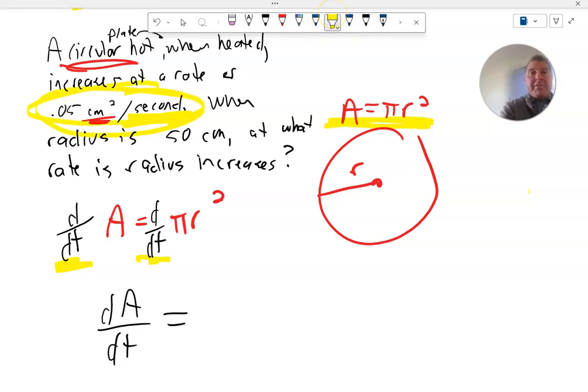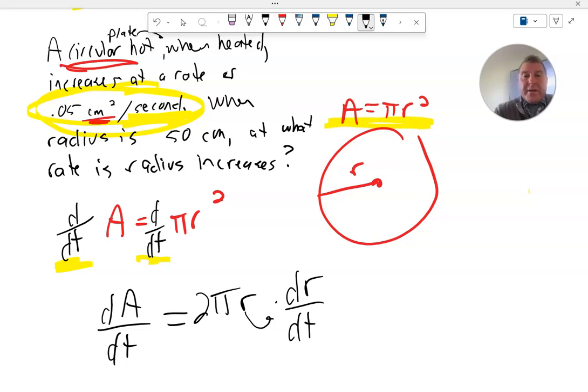That's 0.05. When I differentiate the other side of this equation with respect to t time, remember pi is a coefficient, so the 2 comes down, the r is our independent variable, and since I'm differentiating r with respect to t time, I need, you got it, times the chain rule, dr dt.